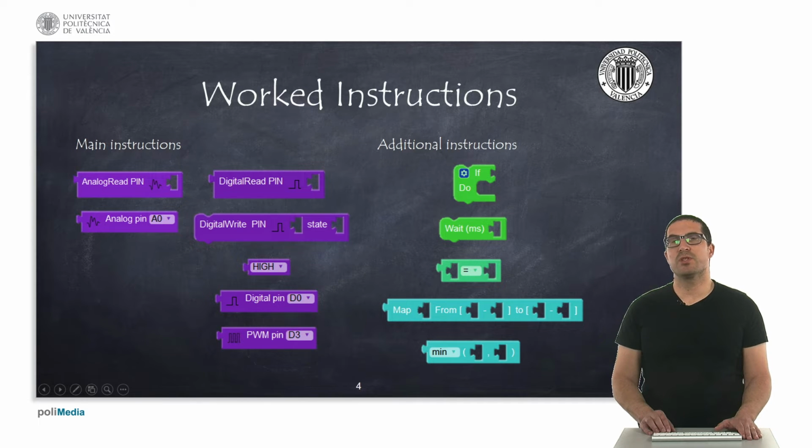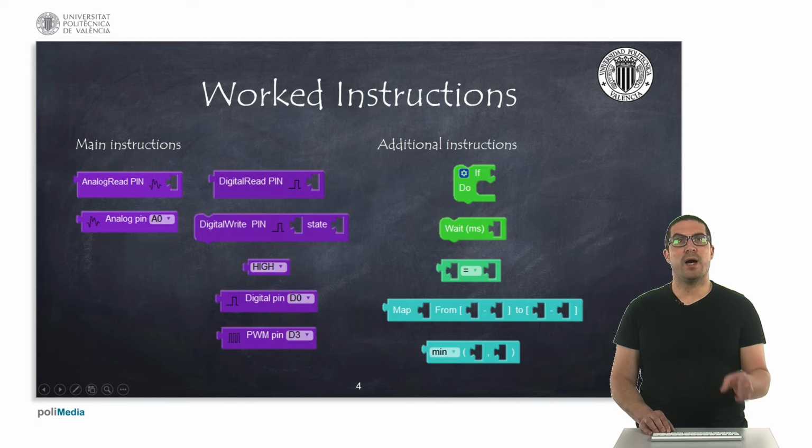We have some instructions for analog and digital reading. We saw these instructions in the previous presentations. These instructions allow us to read the value of the potentiometer, but we also have instructions for reading the value of a digital pin, or for setting or writing the value of a digital pin.